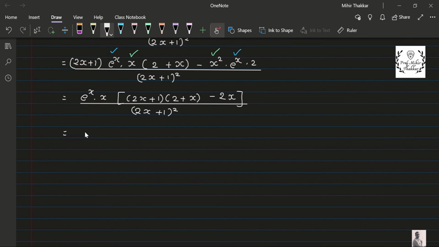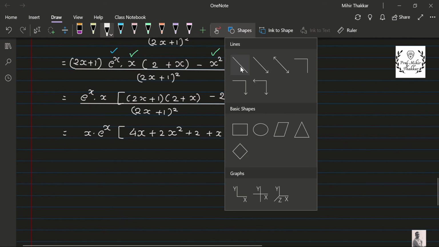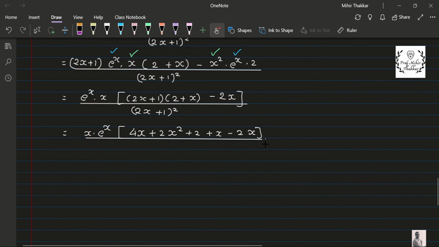So this x into e raised to x will be as it is. When we open the bracket, 2x into 2, 4x, it will become 2x plus into x, so it will be plus 2x square. 1 into 2, that is plus 2, and 1 into x is plus x minus 2x, and whole divided by 2x plus 1, the whole square.